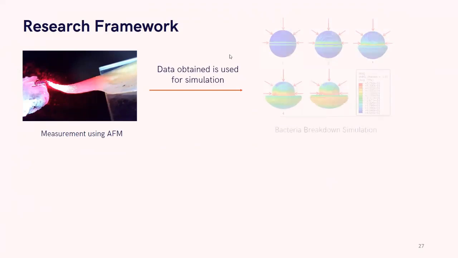And before I end the presentation, I would like to explain the purpose of our experiment. Here is our research framework. First, we measure the mechanical properties of bacteria using AFM. Then we use the data obtained as a parameter for the simulation.